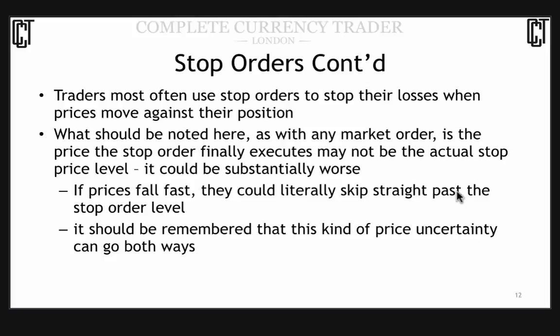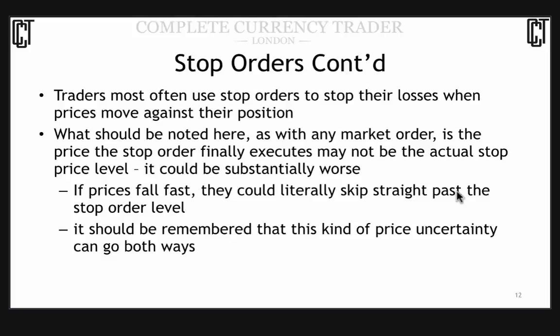This is confusing for some people when they're placing stops in order to protect themselves, because often they'll think, well, I've got a stop at, again, just using a round number, 1.28 on the Euro USD. I have a stop order there. So they think, well, if price is moving very rapidly, let's say it's during non-farm payroll, and bam, it hits my stop order, I should be out at 1.28.